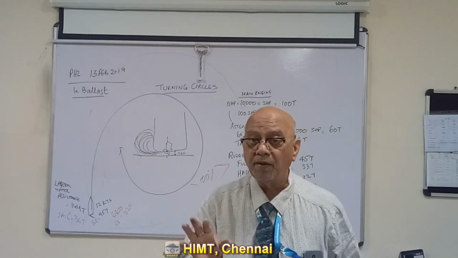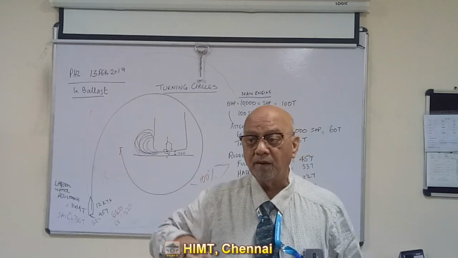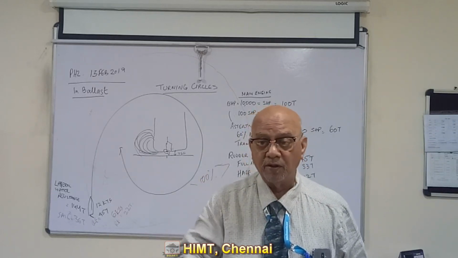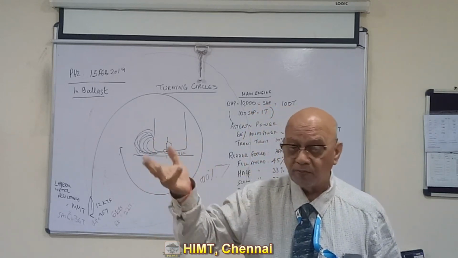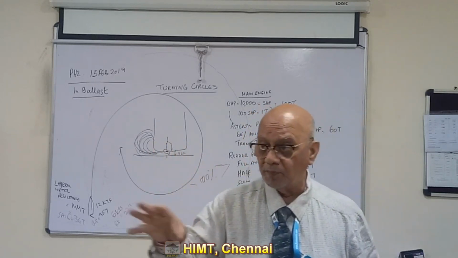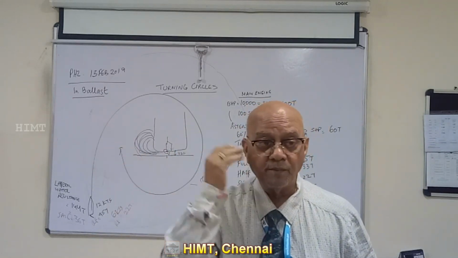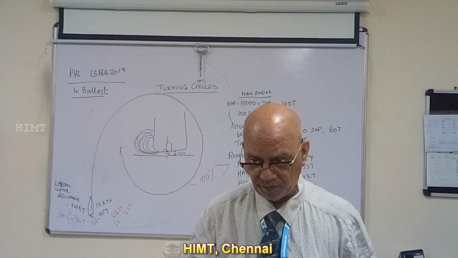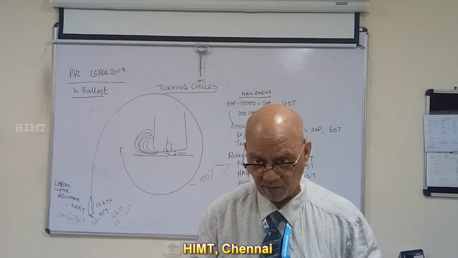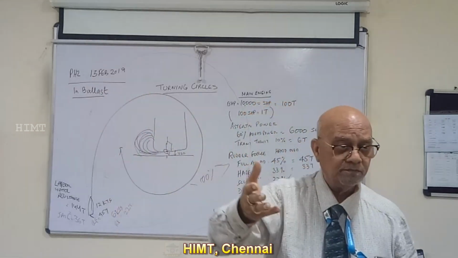So when you're turning and maneuvering in shallow waters, you should keep this in mind. As you go into shallow waters, your stopping distance will increase, and your turning circles will increase. The ship will not be able to maneuver as freely as you could otherwise. So that must be kept in mind. Correct? If something is being done in shallow water, we have already done the shallow water indicators.